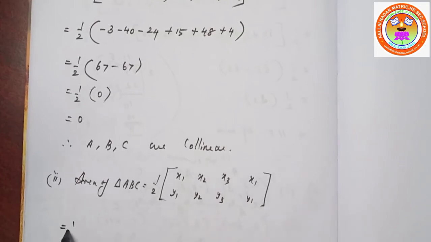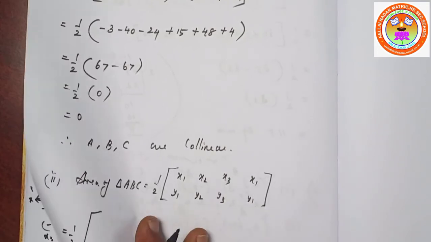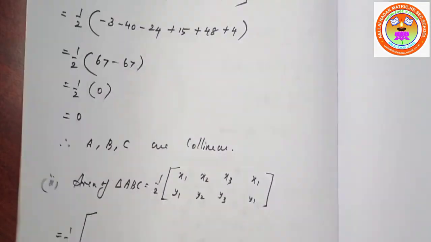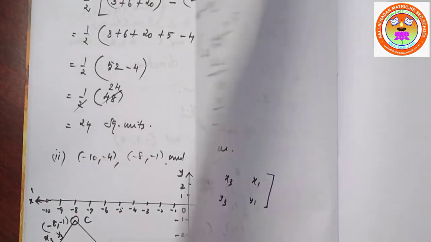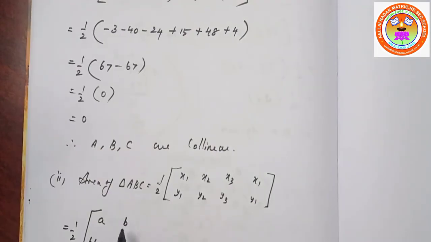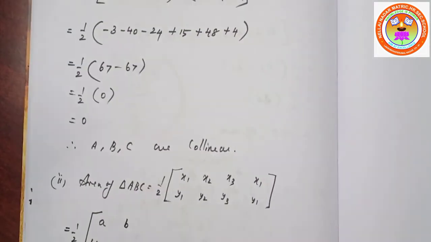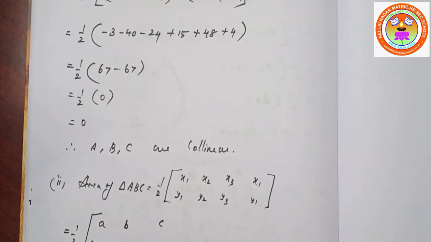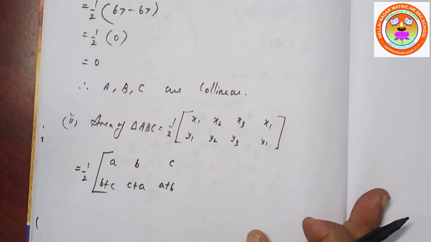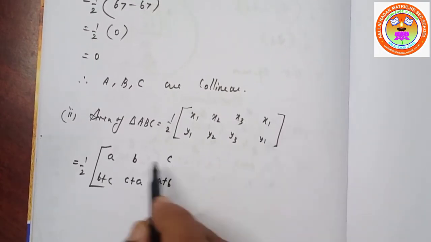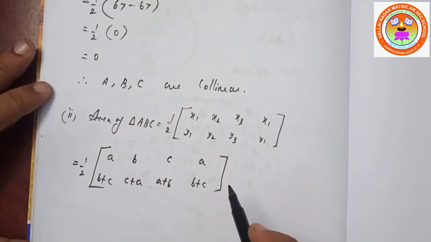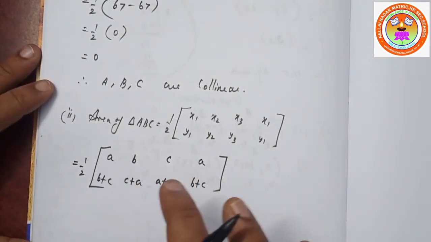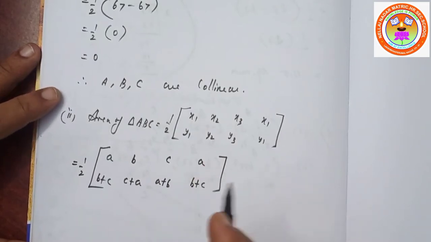That is equal to half into x1, y1, that is given A, B plus C. A comma B plus C. Then B point, B comma C plus A. Next C comma A plus B. Again you have x1, y1, that is A, B plus C, capital A, capital B, capital C, and then again capital A.